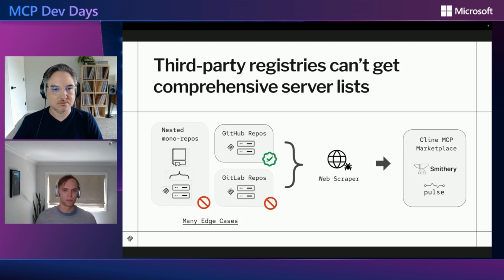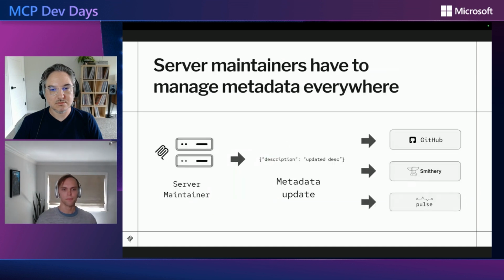These registries all miss those. The end result is a whole bunch of fragmented data. As an end consumer of MCP, you can't really go to any of these third-party registries and expect that any one of them has a fully comprehensive source of truth for what's going on in the MCP ecosystem.